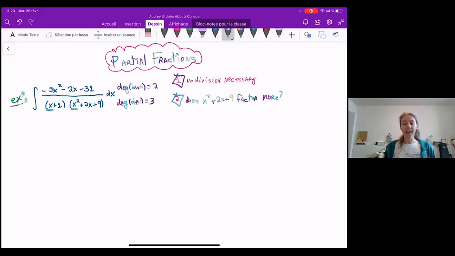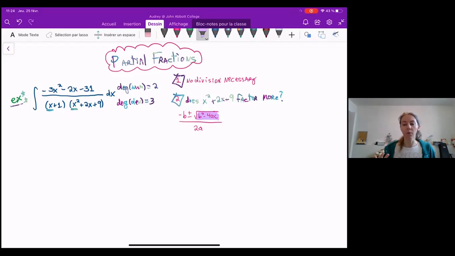To answer this question, we can actually remember the quadratic formula. The quadratic formula is the opposite of b plus or minus the square root of b squared minus 4ac over 2a. And this b squared minus 4ac here is what's called the discriminant. We notice that it shows up in the quadratic formula under a square root.